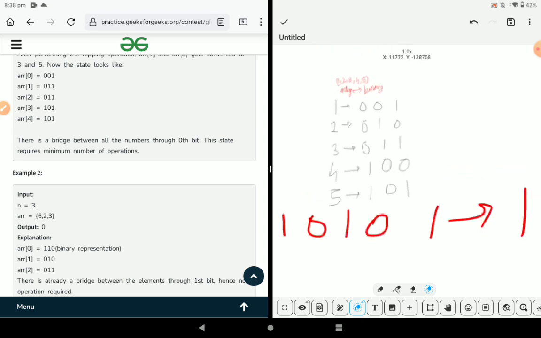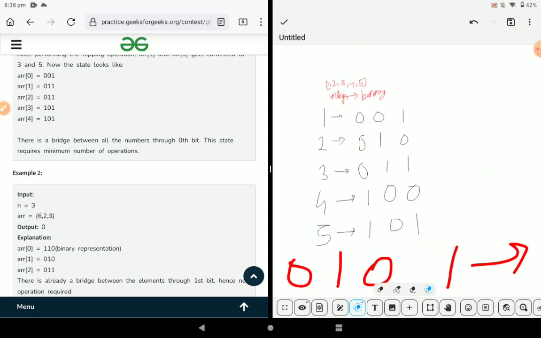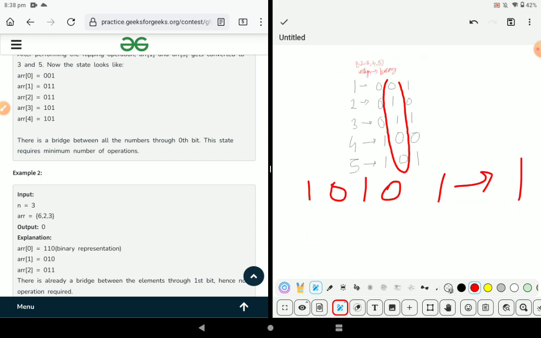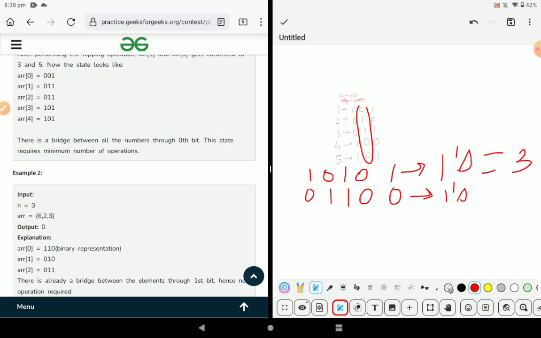Now we will take the second column. It's 0 1 1 0 0, so our number of ones is 2.